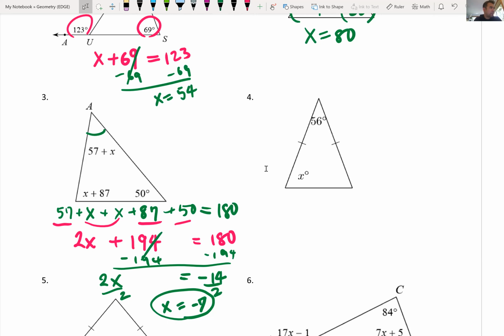Okay, so what do you think about number 4? Would you share the answer for number 4? Is anybody struggling to find the answer for number 4? Thank you, Harley. Anybody else?